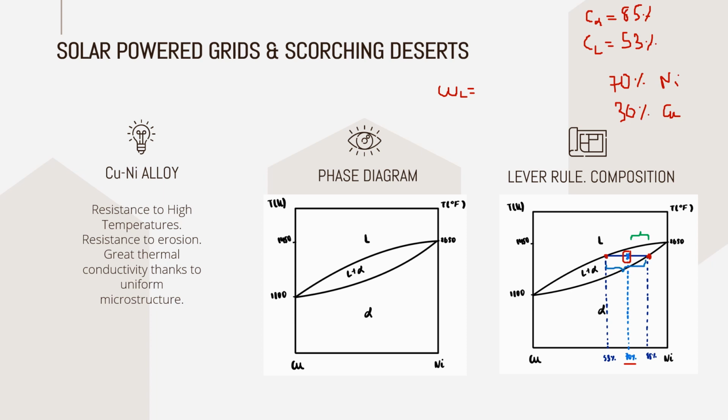So we just take the length of the green segment, which would be something like 85 minus 70, and we will divide this by the total length of the blue segment, which is 85 minus 53. And when performing this ratio, we will calculate the weight fraction of liquid in this alloy.